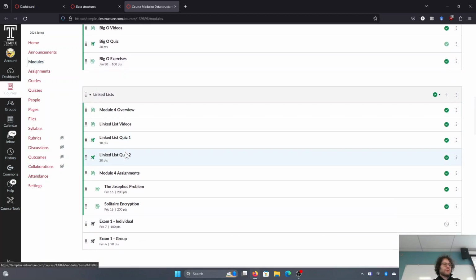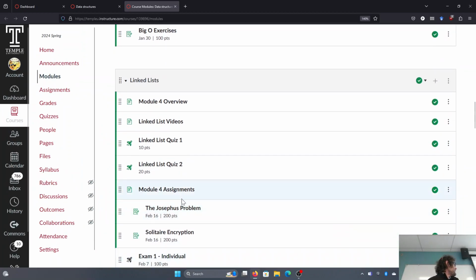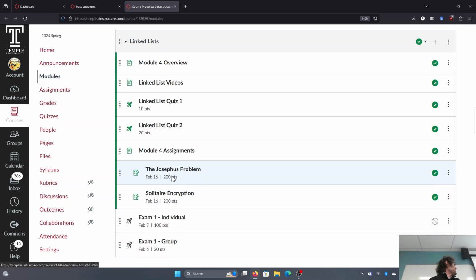Also for the linked list, you'll notice that that's weird. Why do you have 2 assignments? Are you crazy, Professor Rosen? No, if you click over here, you'll note that there are 2 assignments, and you get to choose which one you want to do. The first one is easier, the Josephus problem. The second one, solitary encryption, is more difficult, but you get 20 extra credit points for completing it.